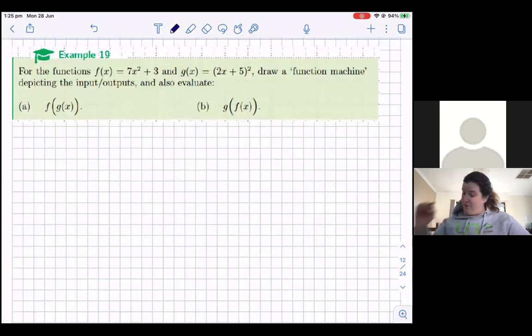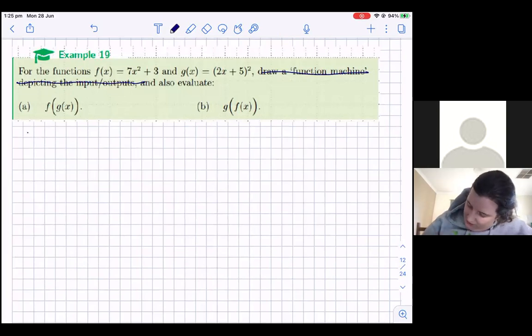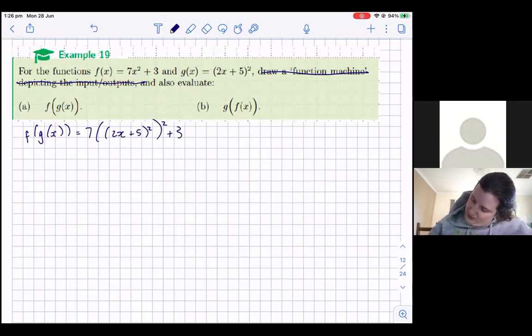Okay. Draw a function machine. Yeah, I don't know. And we're going to evaluate these. So f of g of x means we've got 7 times g of x squared. So 2x plus 5 squared plus 3. So wherever we have x, we're going to replace it with this whole thing, which gives us 7 times 2x plus 5 to the 4 plus 3.